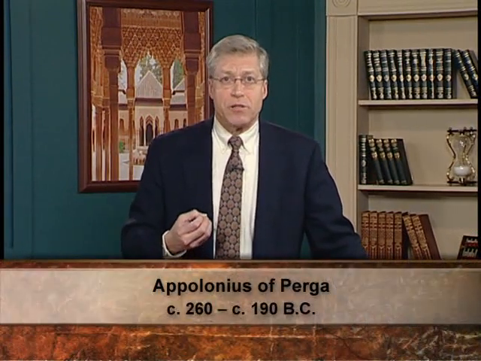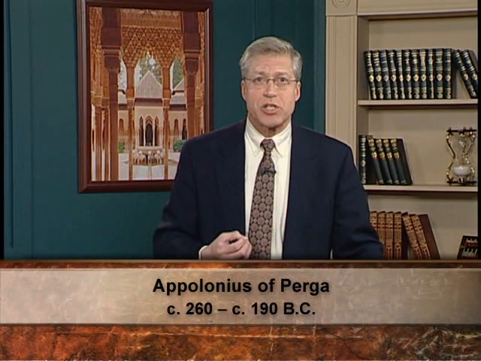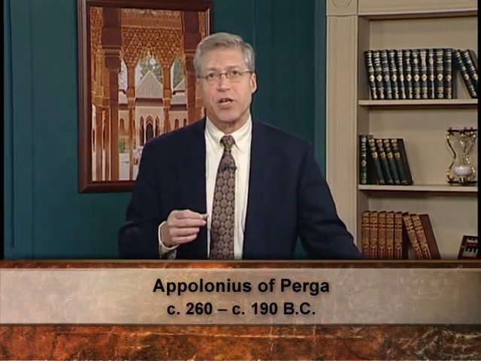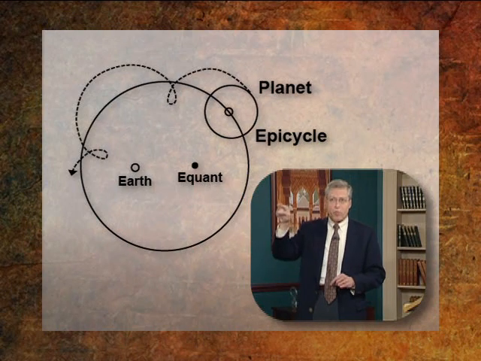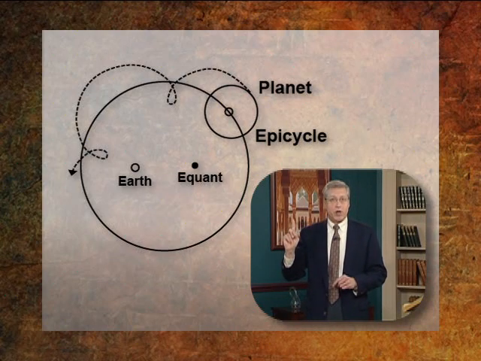And the person who eventually would come up with a solution to retrograde motion that would generally be adopted was Apollonius of Perga. This is the same Apollonius that we met in the last lecture, famous for his work on conics. And he's the one who suggested that what's really going on is that as Mars circles the Earth, Mars itself is actually located on a little circle whose center circles the Earth. So what happens is that we have Mars, which is going around and around a little circle, and the center of this little circle is going around the Earth.